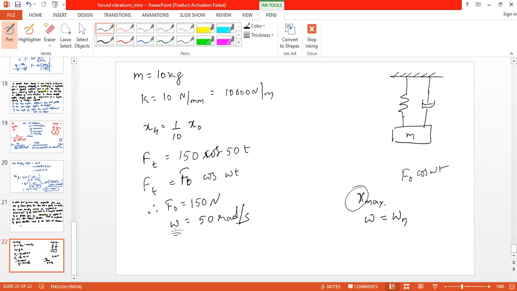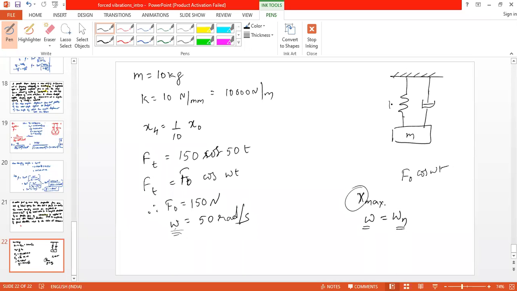See, this spring mass damper system: the resonance will happen when the operating frequency matches with the natural frequency.